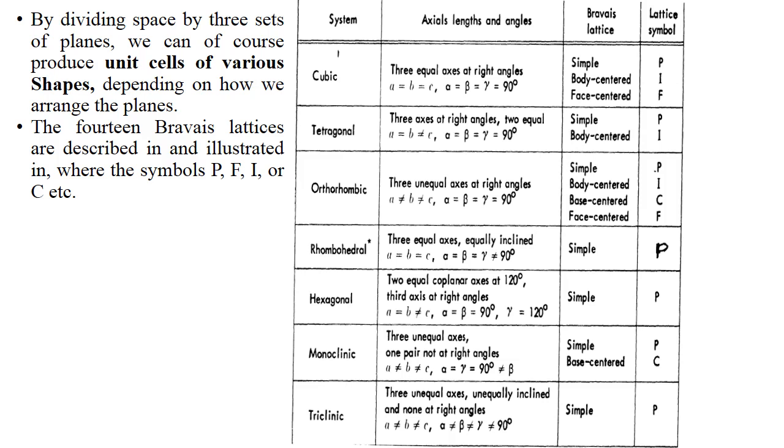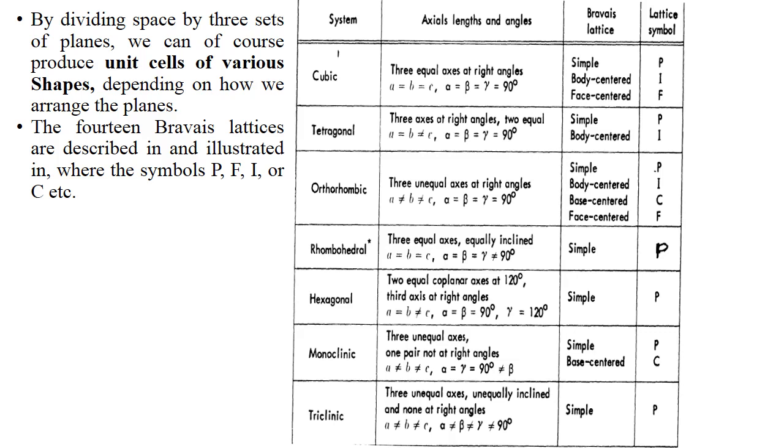And each crystal system has a definite Bravais lattice. For example, cubic is given the Bravais lattices P, I, and F. P for simple cube, I for body-centered cube, and F for face-centered cube.